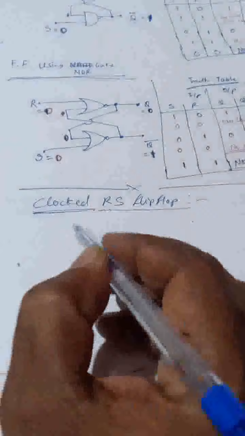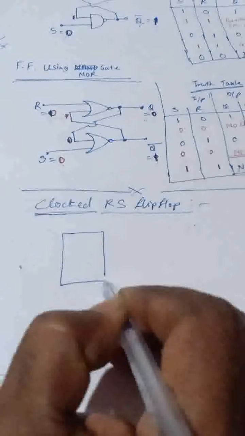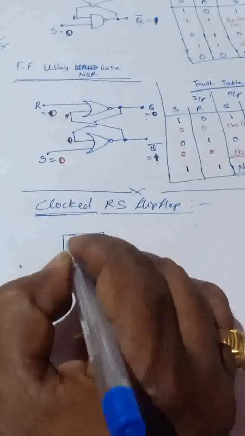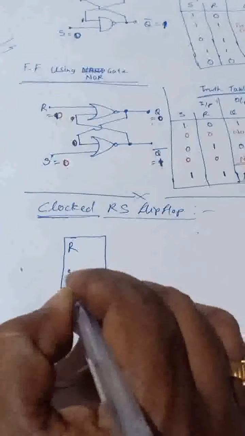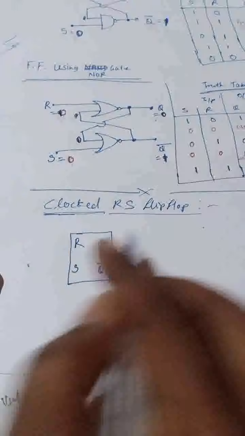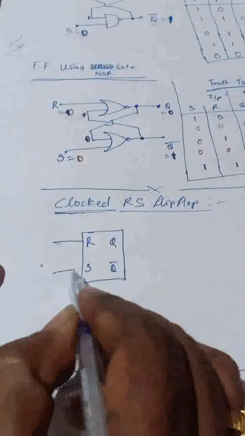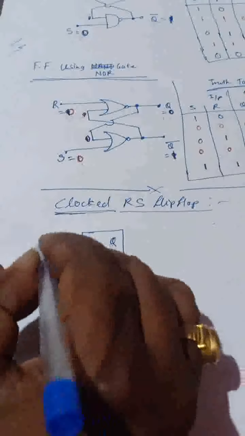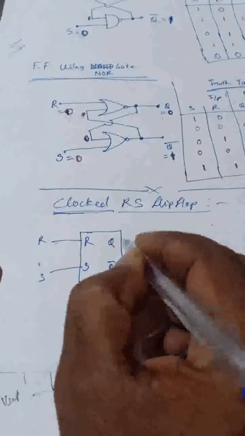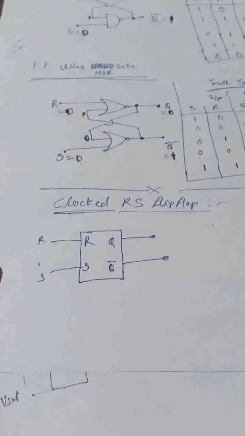Suppose this is an RS flip-flop. It has two inputs, R and S, and two outputs, Q and Q bar.